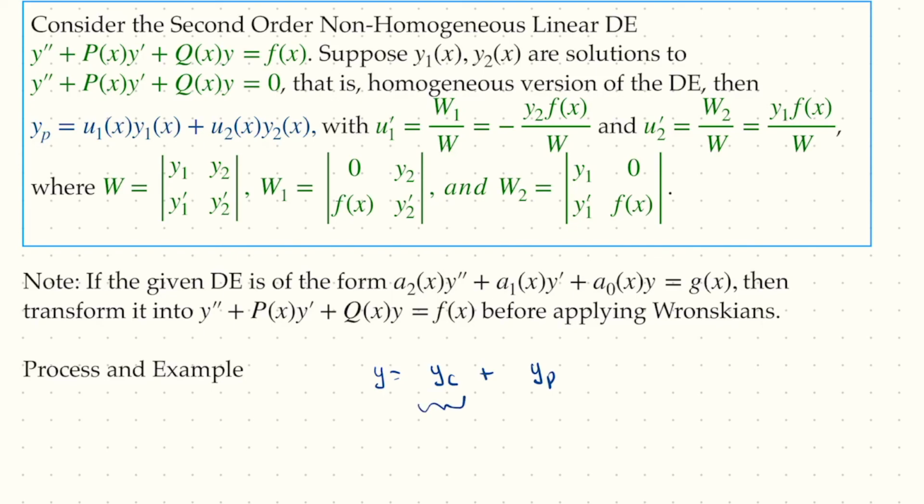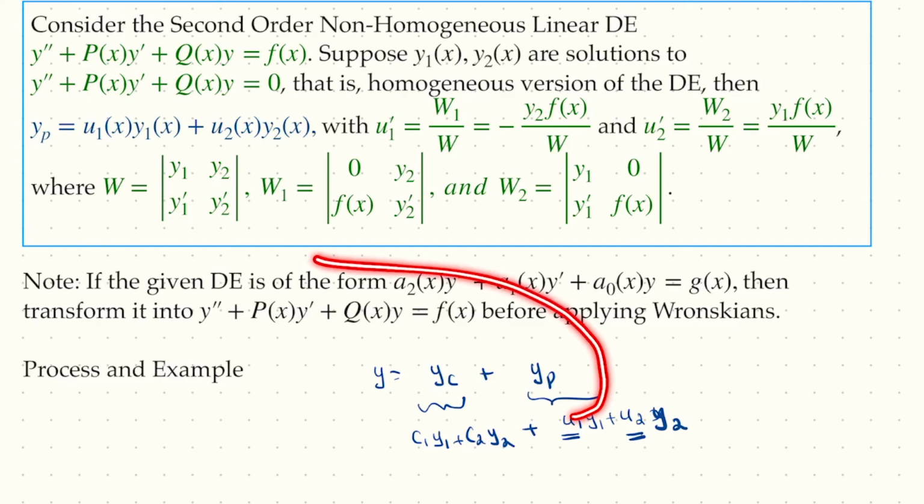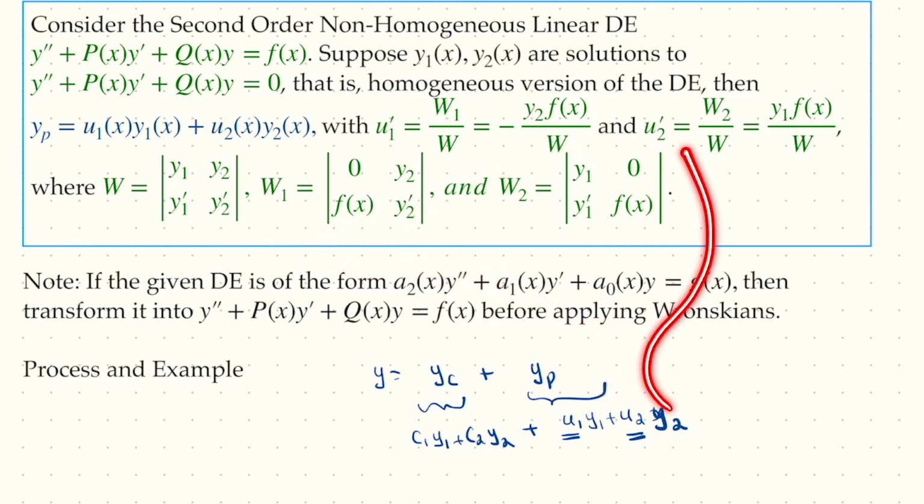So your yc would be c1y1 plus c2y2, and your yp would be u1y1 plus u2y2, where u1 is a function and u2 is a function. We get the u1 through this process right here, and we get the u2 through the process right here.